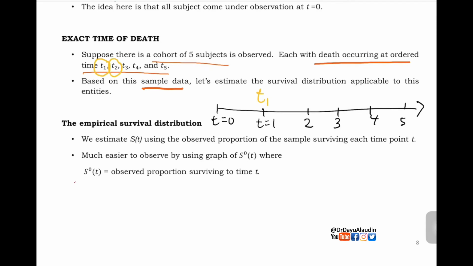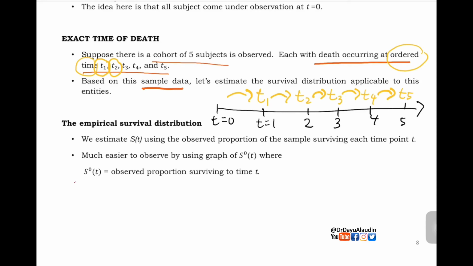T2, second subject, dies at t equals 2. At t equals 3, the third subject dies, and so on. We call it ordered time because it happens one by one, from one time to the next.